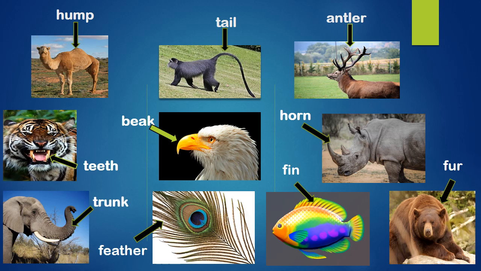Elephants use their trunk for feeding and drinking. Feather. Feather helps the peacock to attract others. Fin. Fin helps the fish to swim. Then fur. Fur helps the bear to keep warm.